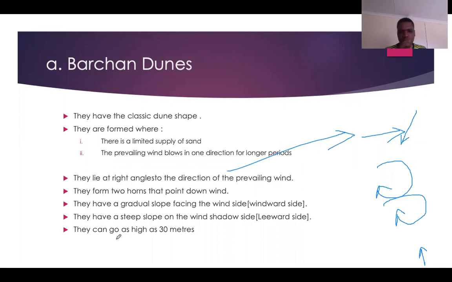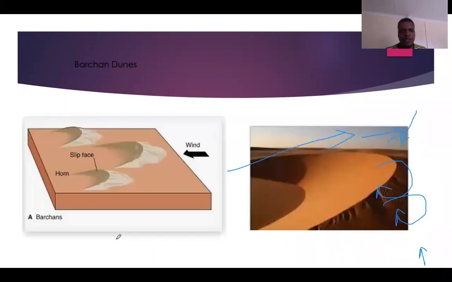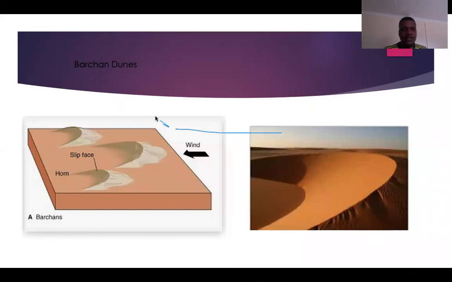So we have barchan dunes. Let me show you a picture of how barchan dunes look. There they are. In this case, the wind is coming from this direction and blowing in that direction.